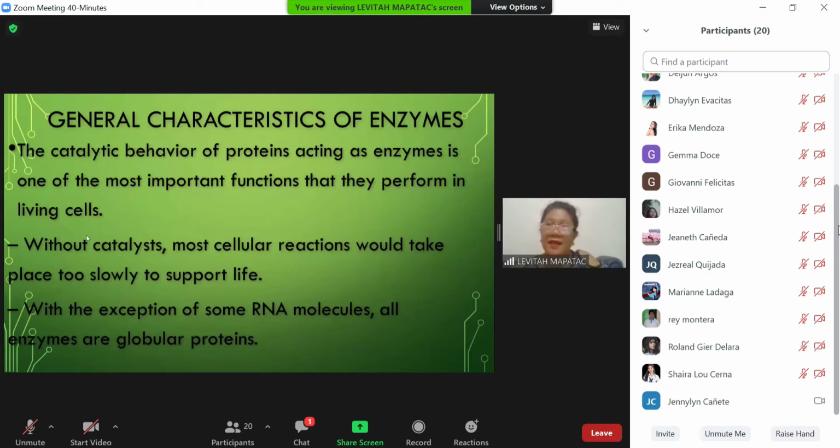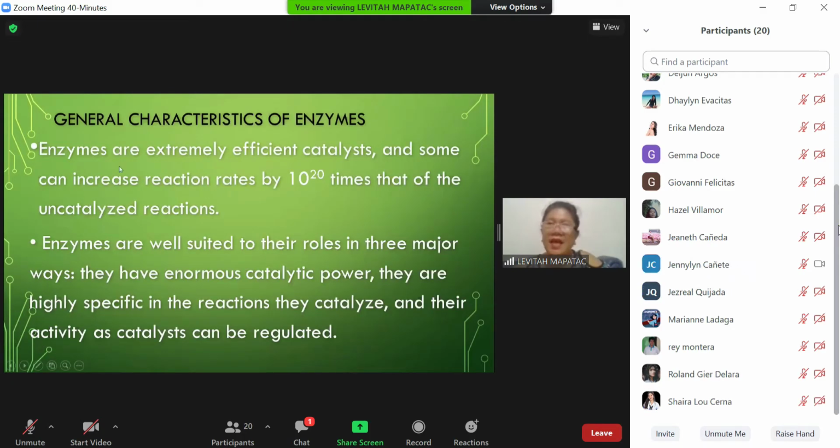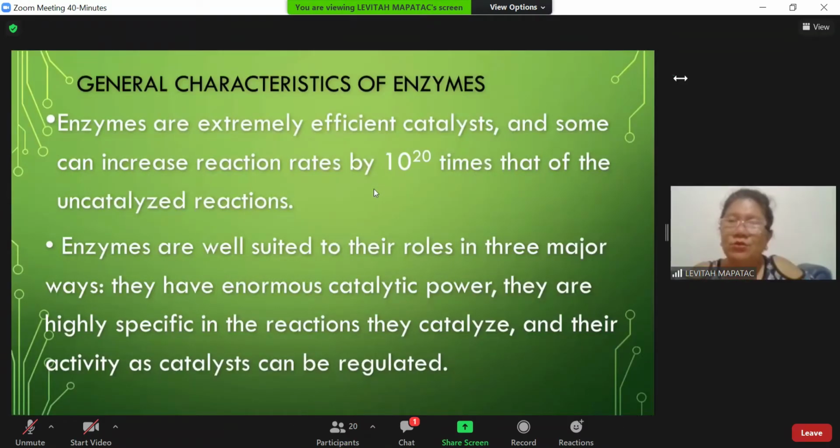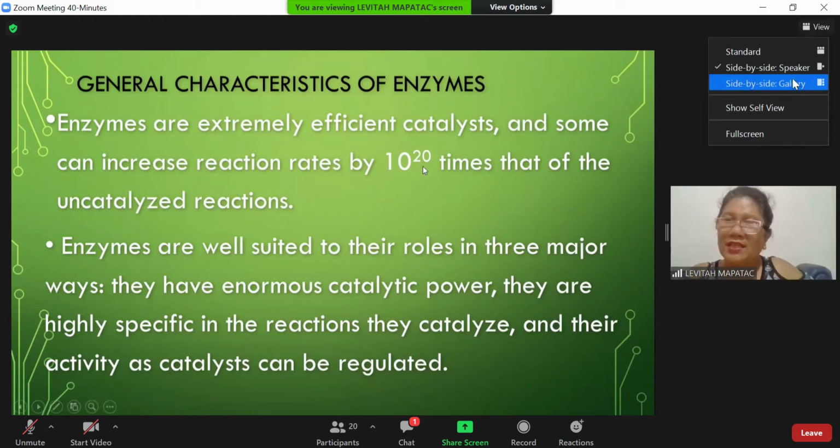So, take a look. Enzymes are extremely efficient catalysts. They are organic catalysts that will speed up body reactions. How much? Take a look. It will increase its reaction how many fold? 10 to the exponent of 20 times.